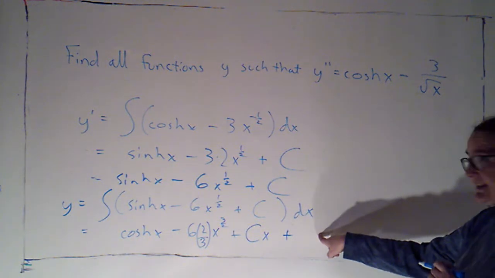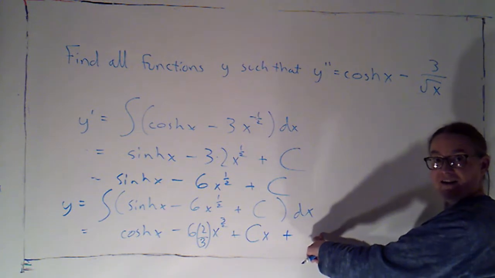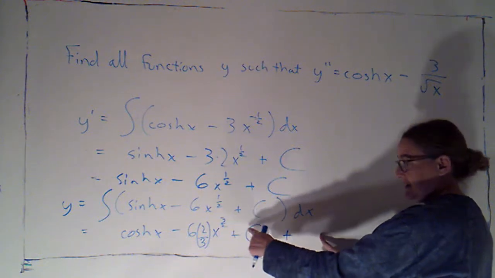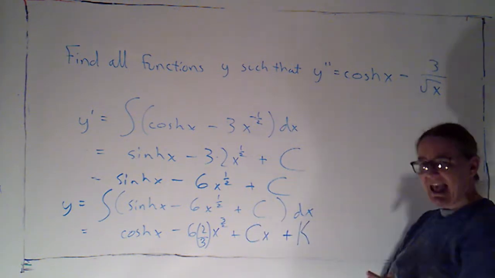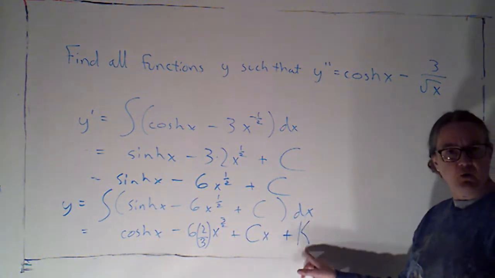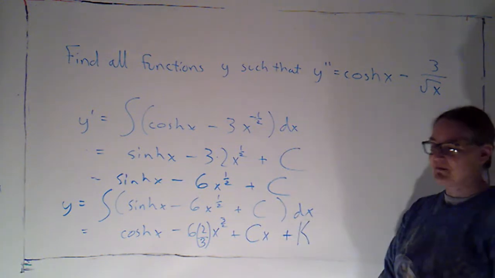Now, I can't use c here because I used c here, and this is supposed to be plus an arbitrary constant. If I insist that this one has to be the same as that one, this one can be whatever I want, but then this one is determined. So I'm going to just use k. If I wanted to, I could call this C1 and C2. The names aren't important as long as they're different names.